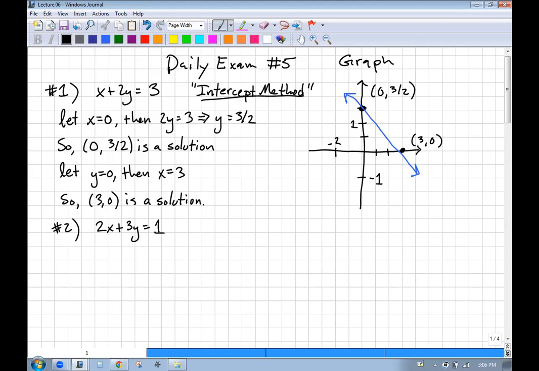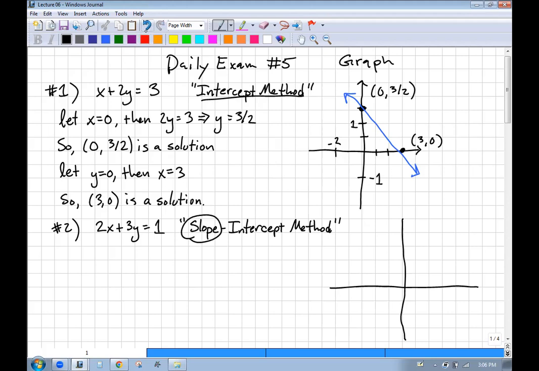All right, this one I'm going to do the slope-intercept method. Okay, now we want a graph, so we're going to need one of these. Okay, so these both have the word intercept in them. This one has the slope.